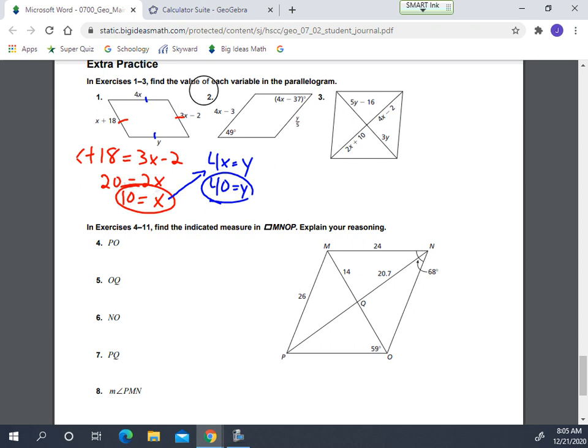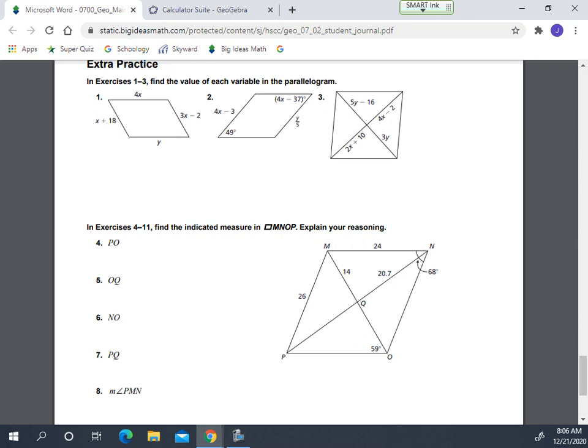Number 2. Well, we know that this angle is congruent to this angle, so we know that 49 is equal to 4x minus 37.